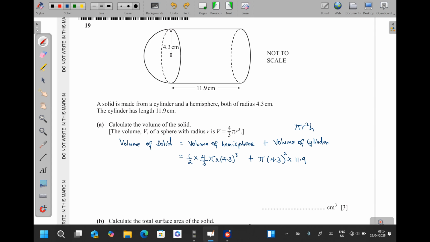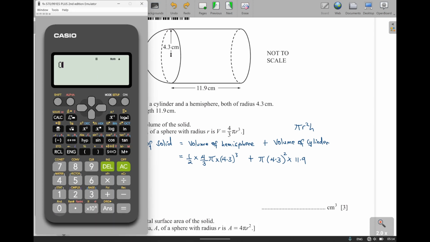Now we put everything in the calculator here. 0.5 times 4 pi over 3, then times 4.3, then cubed. That one will give us 166, and the rest of those figures. Okay, then I can actually put everything together.